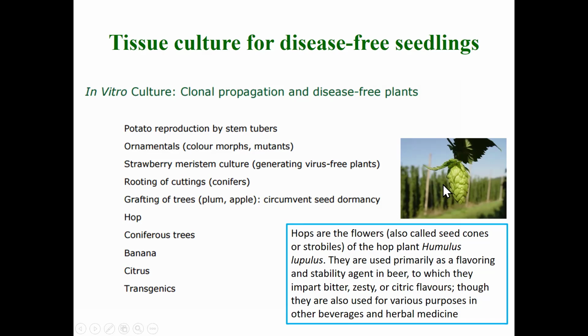Some seeds are dormant and usually cannot be germinated. So in that case, tissue culture is very, very nice. Banana is popular, citrus, and many other ornamental and horticultural plants, we can do tissue culture. So lots of examples you can find on the internet.